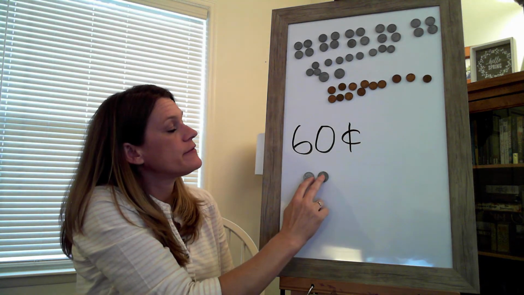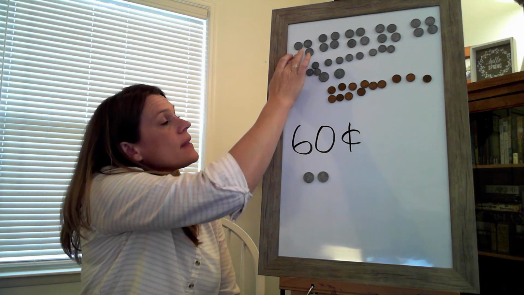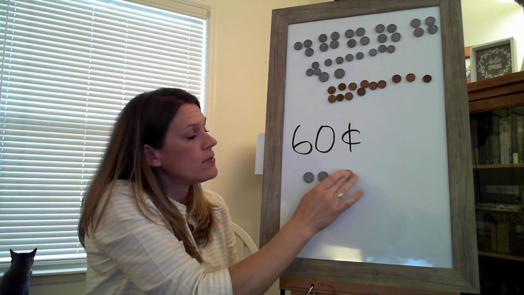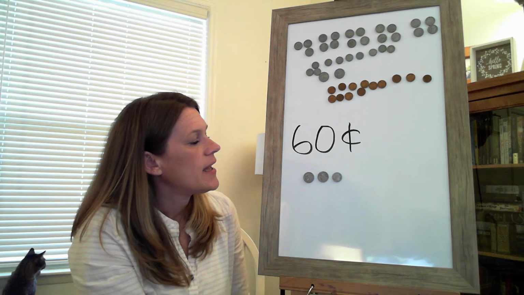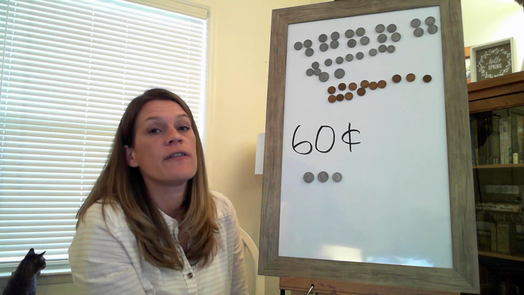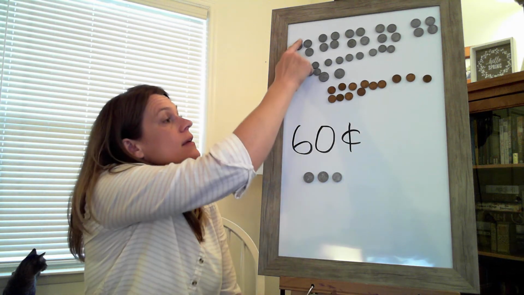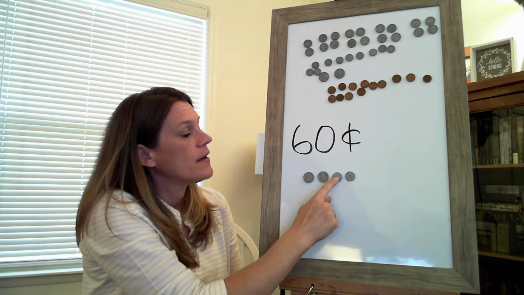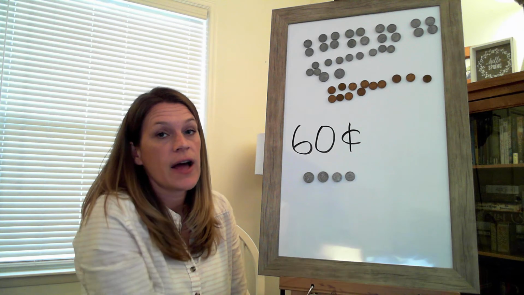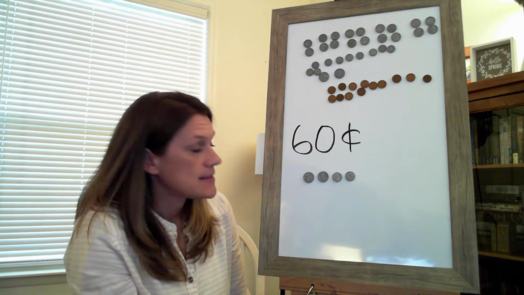So I have 50 already. If I bring a nickel down, I need to count by 5. So if I start at 50 and 5 more, that would be 55. I'll bring one more nickel down. 5 more than 55, counting my fives, 60.